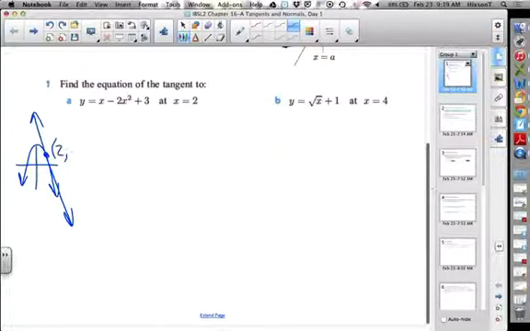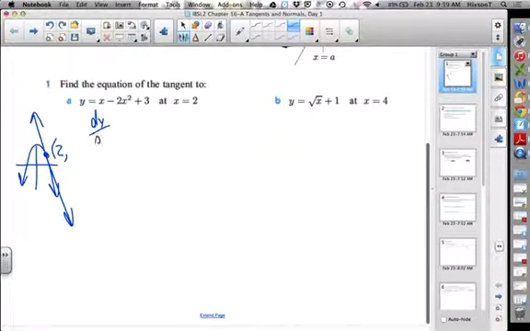What's the equation of this line? What are we going to use the derivative of this to find? The slope of the tangent line. Exactly, the slope of the tangent line.